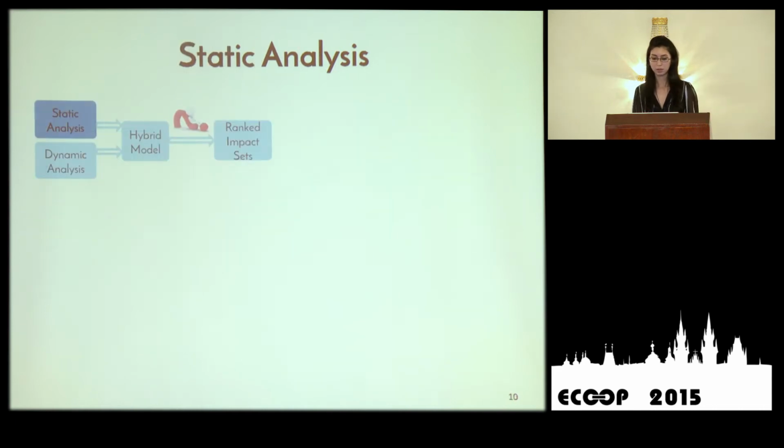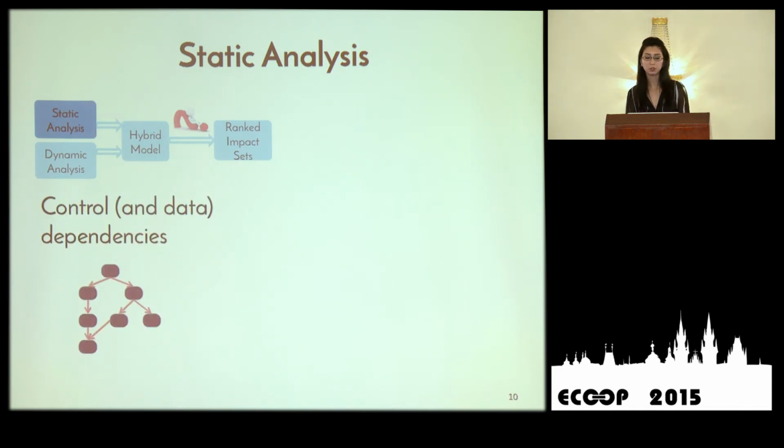Let's start with the static analysis part. This is pretty straightforward. We start by forming a control and data flow graph of the JavaScript application. JavaScript functions are first-class citizens in the application, so we treated them the same way as we would treat objects and built a model that creates objects and functions.